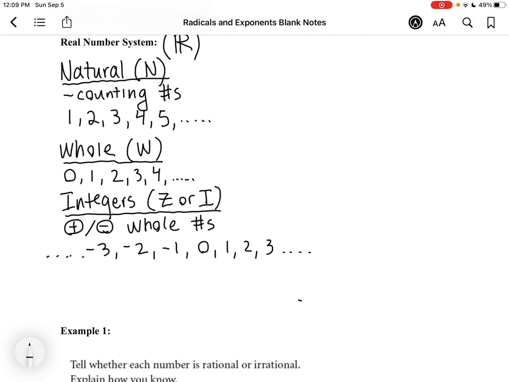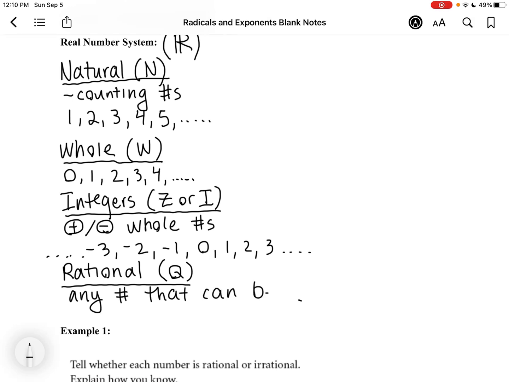Rational numbers. The letter that we use for rational is Q. Rational numbers are defined as any number that can be written as A over B. Okay, so a lot of people, when they think of a rational number, they think of a fraction.